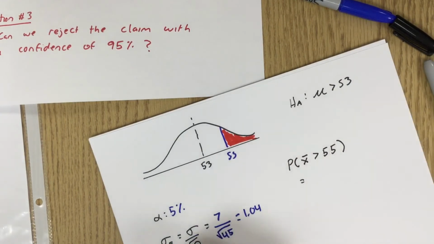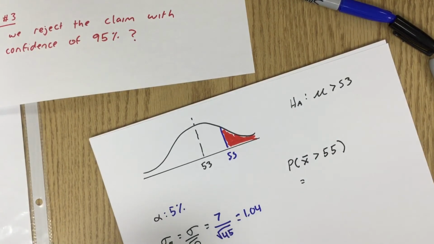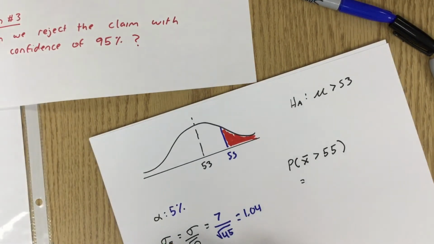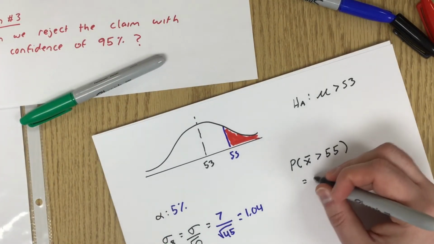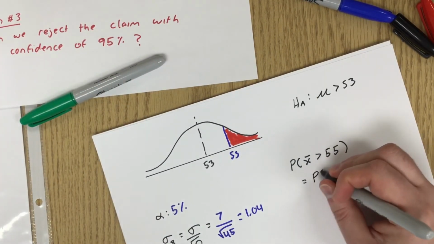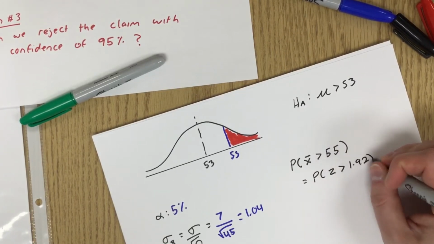The z-score is going to be 55 minus 53 divided by 1.04, which is 1.92. So the probability that x is bigger than 55 is the same thing as the probability that z is bigger than 1.92.